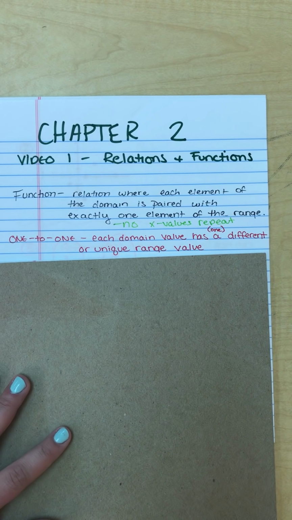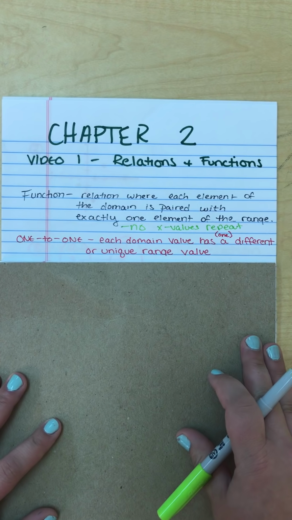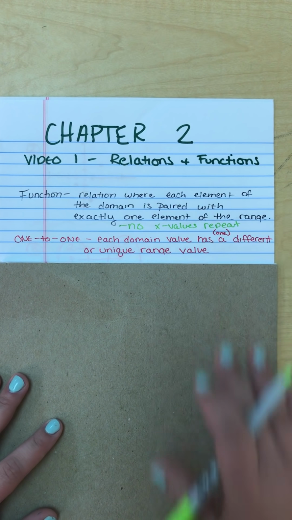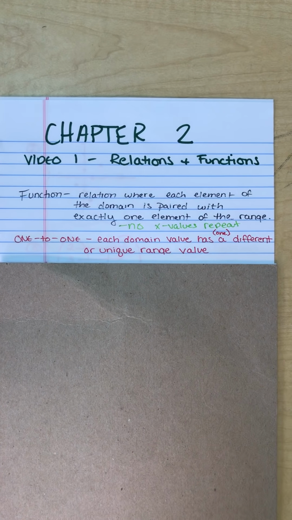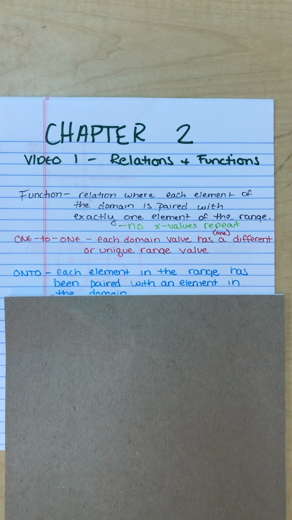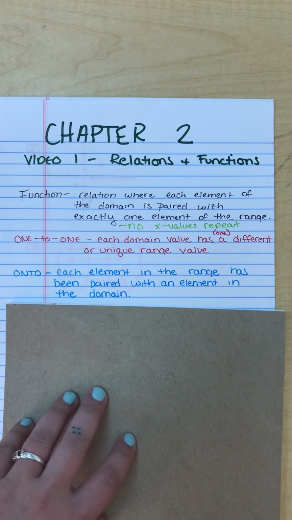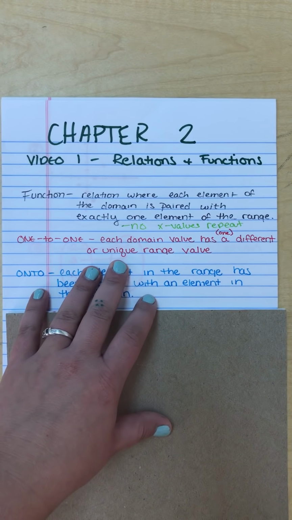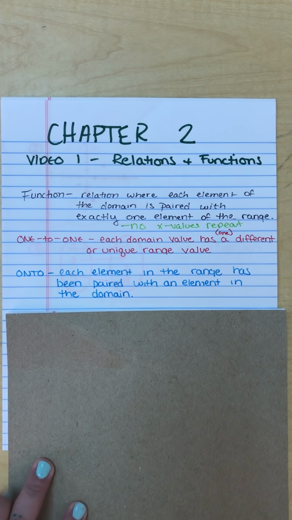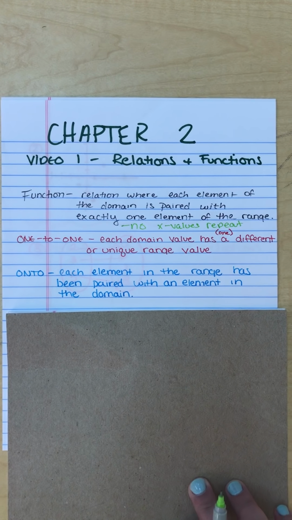All right, so we have a couple different kinds of functions. If we have a function, we can call it one-to-one, or we could call it onto. Sometimes it's one of them, sometimes it's both of them, sometimes it's neither of them. So one-to-one, each domain value is going to have a different or unique range value.